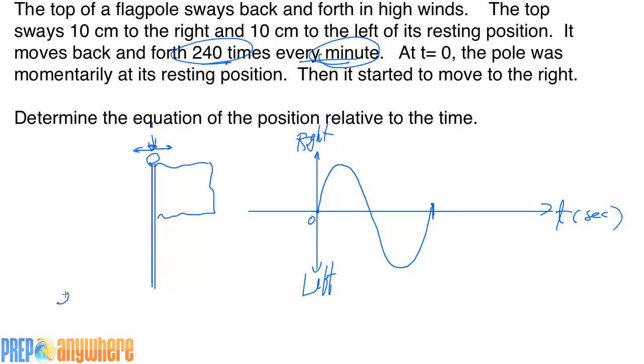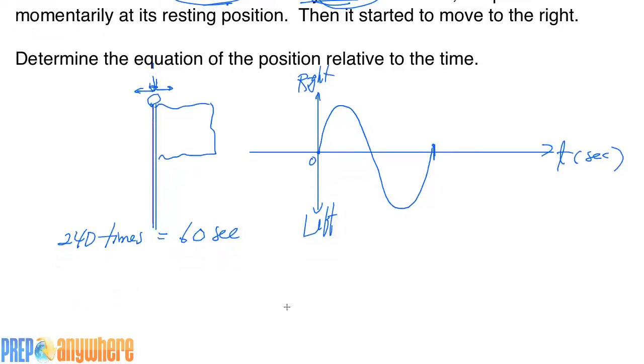So this is 240 times in 60 seconds. I'm interested in how long it takes to do it one time. How do I change this into 1? Divide by 240, right?